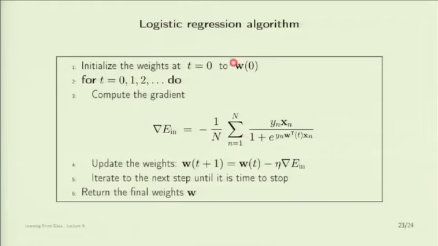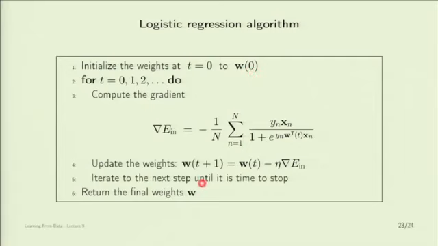For example, if you look at the top here, I said set it to W0, so the W of 0. How do I initialize? That's a question. It's not critical in logistic regression. If you initialize it to 0, this would be fine. And if you think, initializing it to 0 means that you initialize the probability to a half, the most uncertainty about any example before you learn anything, so it looks like a reasonable thing to start.